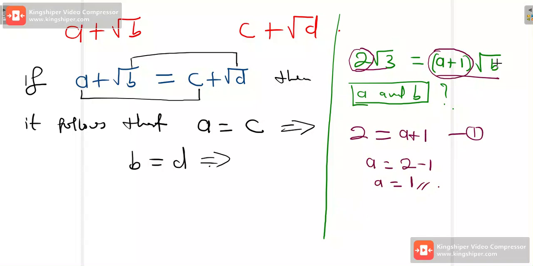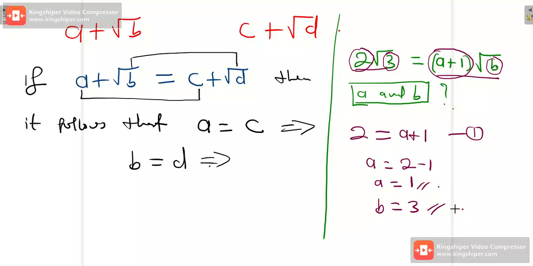Now, if we also want to solve for b, compare the radicals, that is the numbers under the square roots. You can see that b must be equal to 3. So our b is equal to 3, and that is the solution to this equation. That is what we call equality of a set.